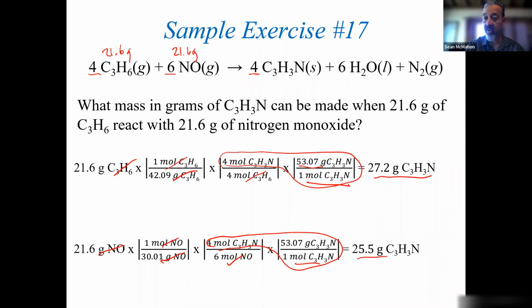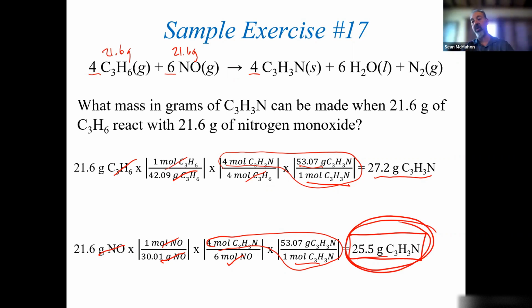So again, what's the theoretical yield? The smaller amount. So I would box or circle this as my answer. If you don't box or circle the answer, I don't know which one you're picking for the final answer. So you would still get credit, but this problem's worth 9 points.